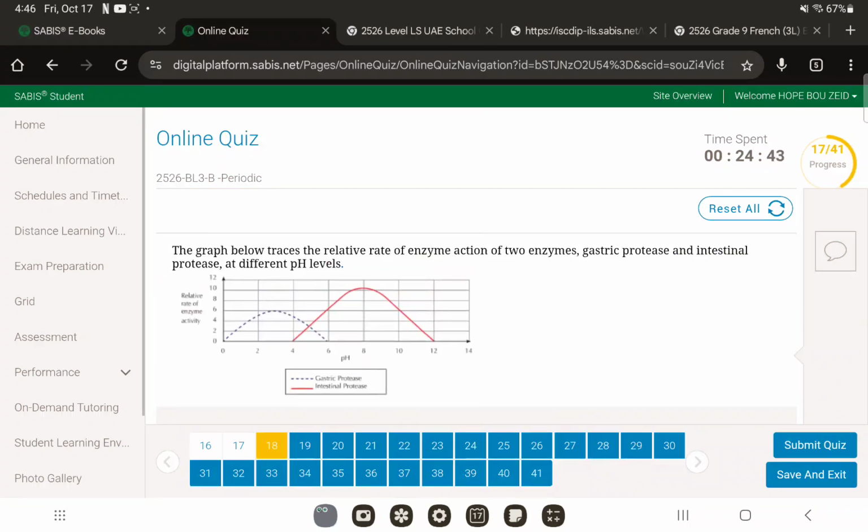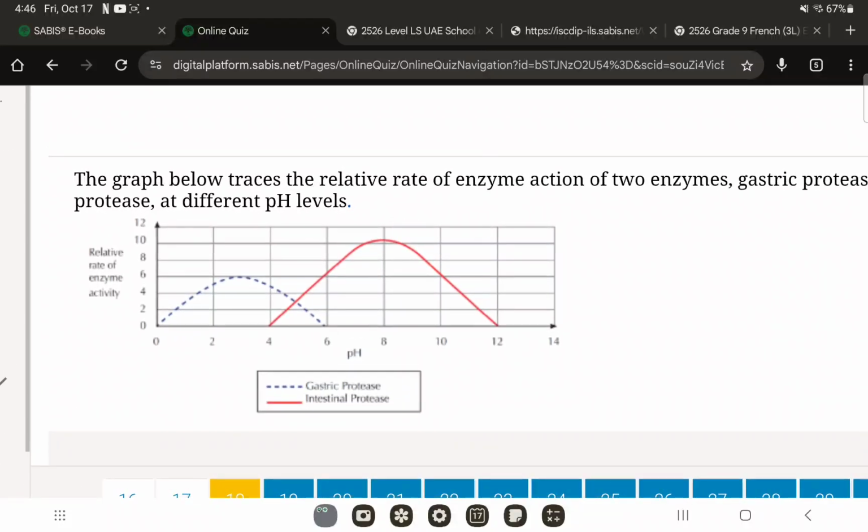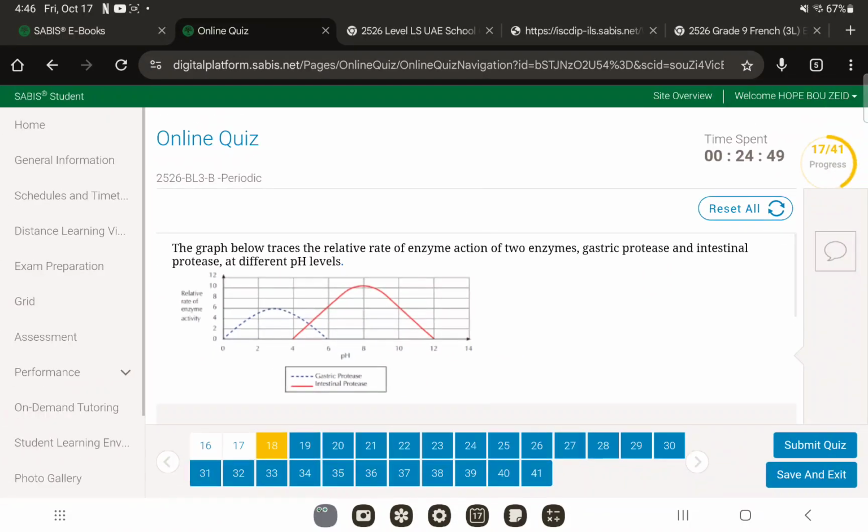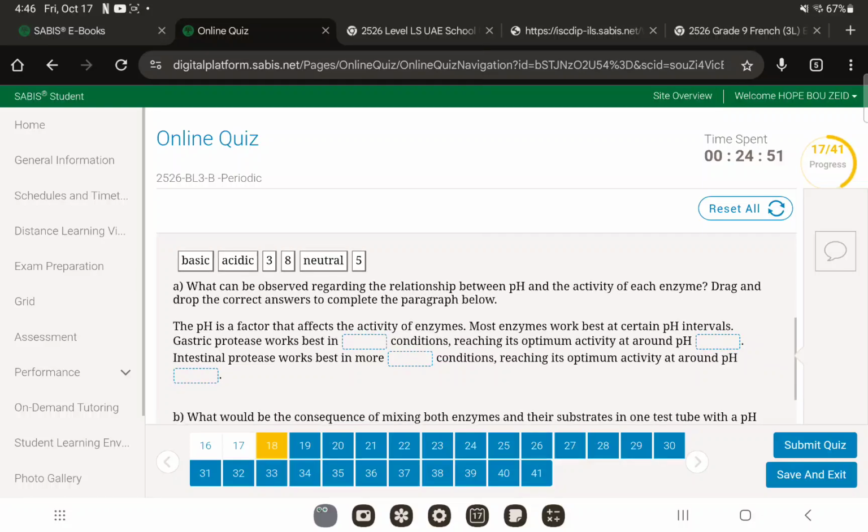Here you have to check. Gastric protease is the dotted line, so it works best at around 3, you can just read the graph. So here at around 3 pH, and like I said before, 0 to 6 acidic, 7 neutral, 8 to 14 basic or alkaline.